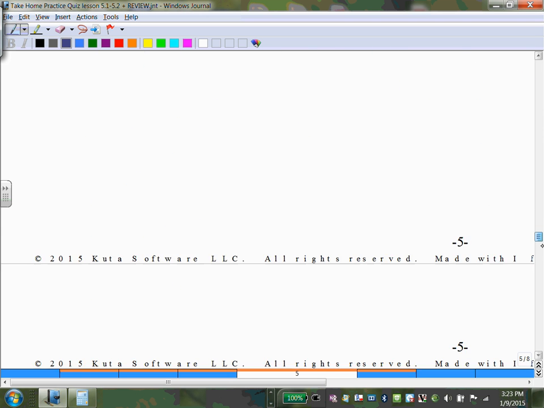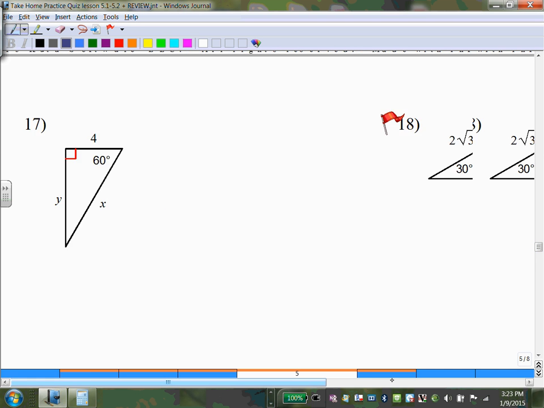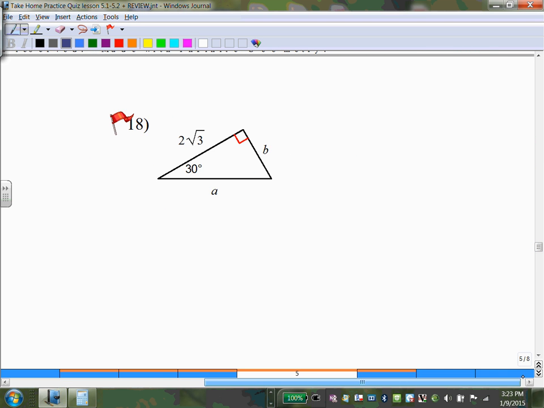Let's take a look at number 18. 18 is now a 30, 60, 90. So let's do our 30, 60, 90 chart.